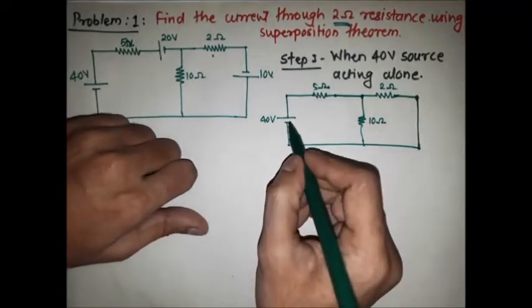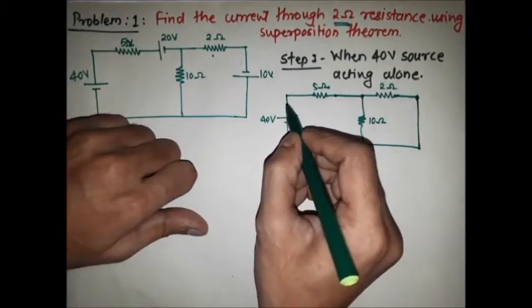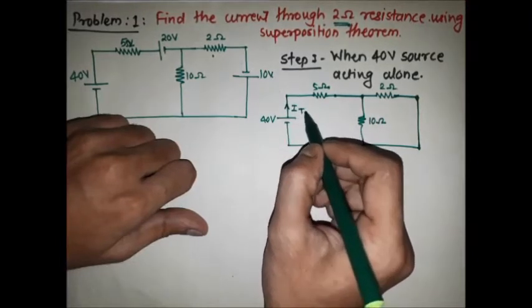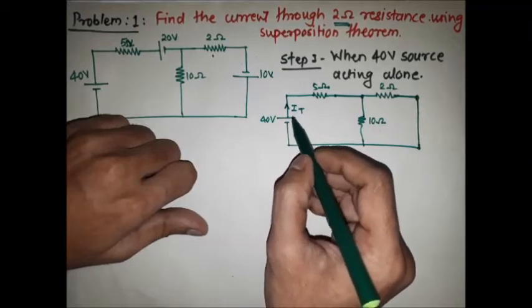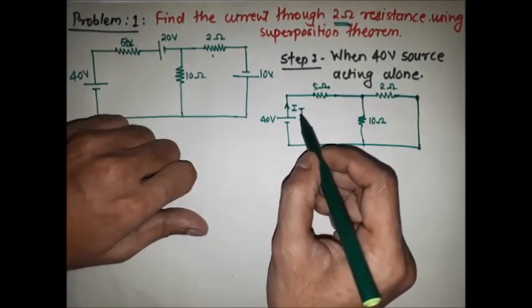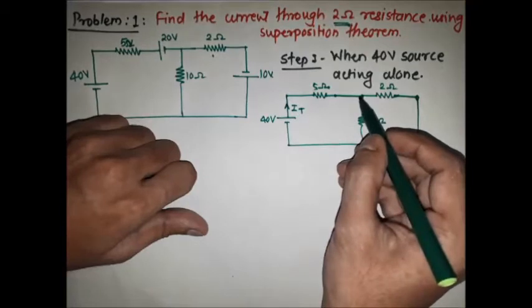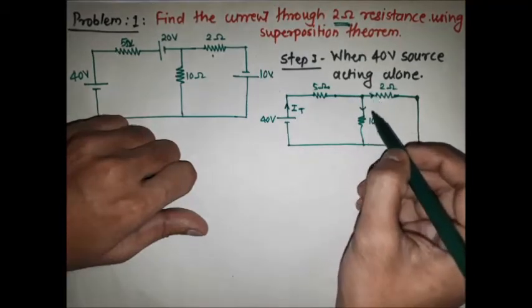The current flowing from the 40 volt source I consider the total current, because only one voltage source is present in the circuit. I consider it as IT. This current comes to this node and is distributed in two branches.